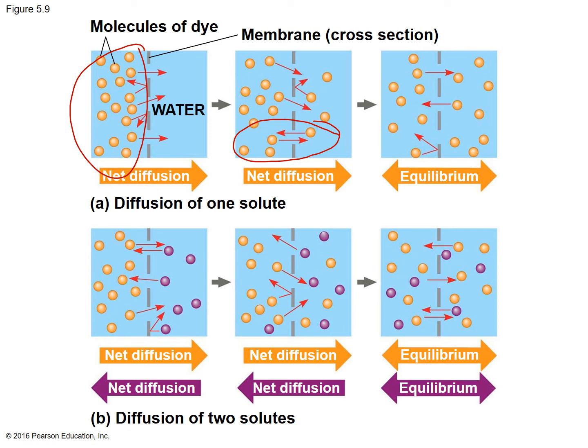At the very end, the arrow goes both ways and says equilibrium because the molecules are still moving across the membrane. But if we could take a snapshot, there would be roughly an equal amount of solute on both sides, in and out. The second one, though, is showing you diffusion between two different solutes.